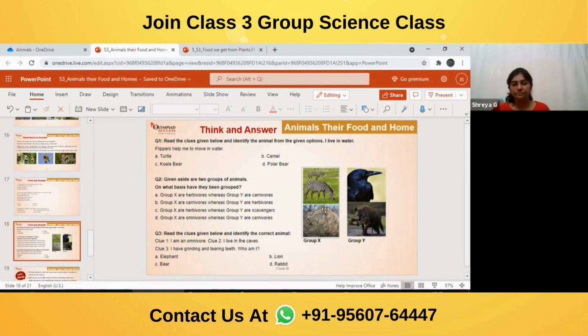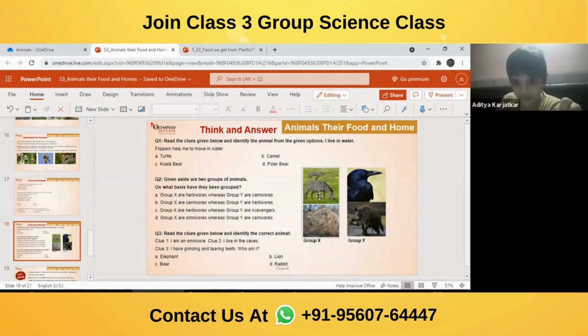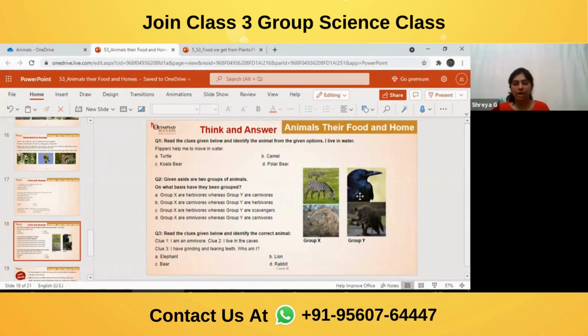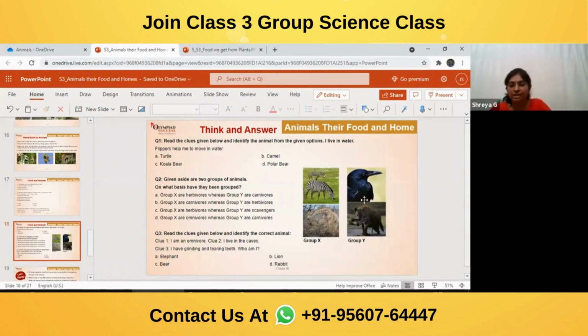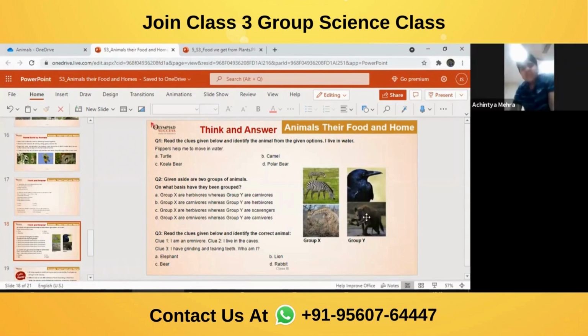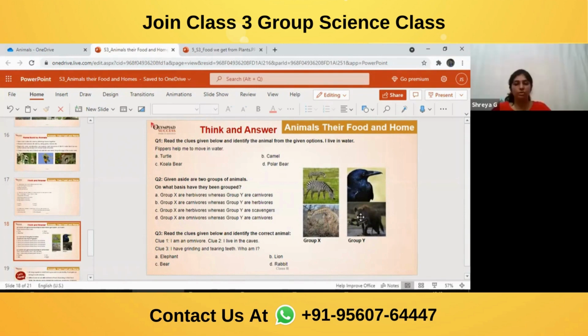Achintya: The zebra is eating grass, so they are herbivores. Yes. And this one, crows and the bear. Carnivores? No, Aditya, you are wrong. Achintya: Omnivores. First is herbivores, next is omnivores.